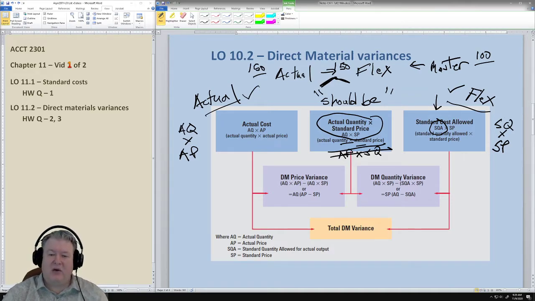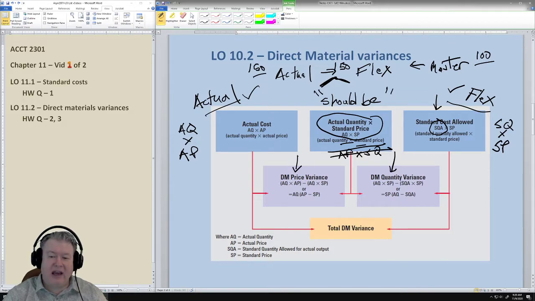So we have these three buckets, and what we're trying to do with these three buckets is tease out these two things. We're trying to tease out the price variance, and we're trying to tease out the quantity variance. In other words, we have our actual cost and we have our standard cost, but was it because we paid too much for our materials, or did we use too much materials, or was it a combination of both?